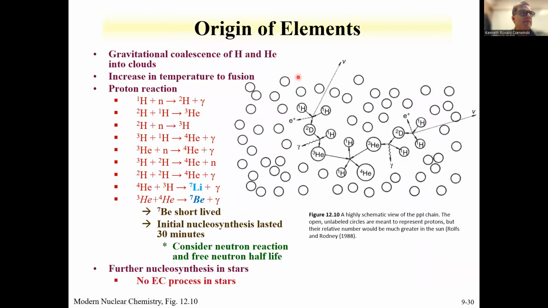Well, the hydrogen and the helium coalesce into clouds. They continue to coalesce. They form stars. Temperatures increase, so fusion can start to occur. If you remember, we talked about the binding energy curve.